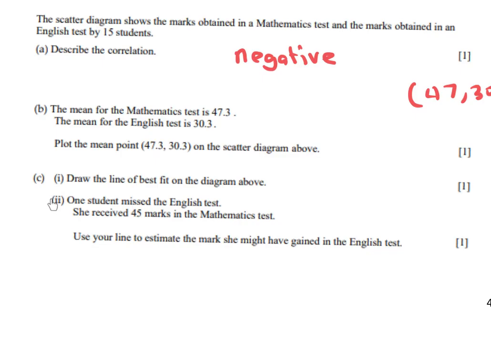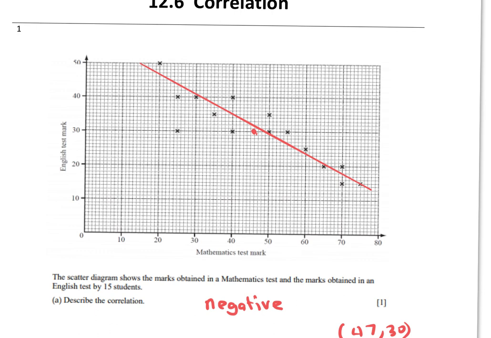Now part (iii). One student missed the English test. She received 45 marks in the mathematics test. Use your line of best fit to estimate the mark she might have gained in the English test. We can use the graph to predict her English mark.